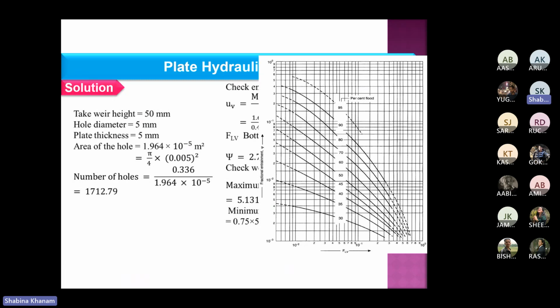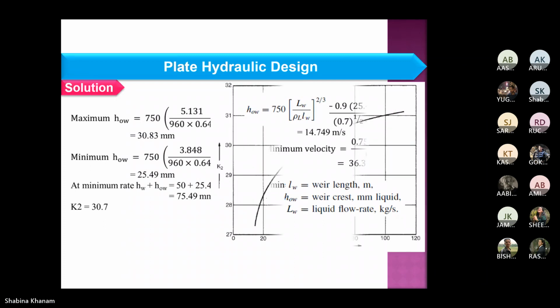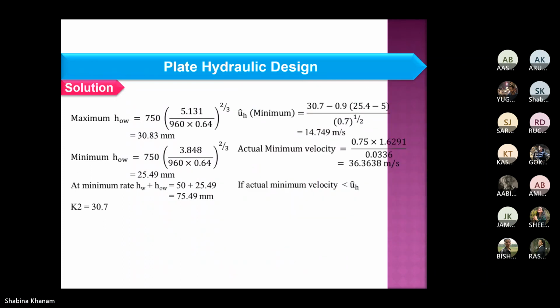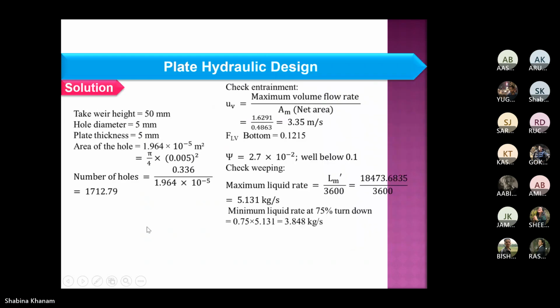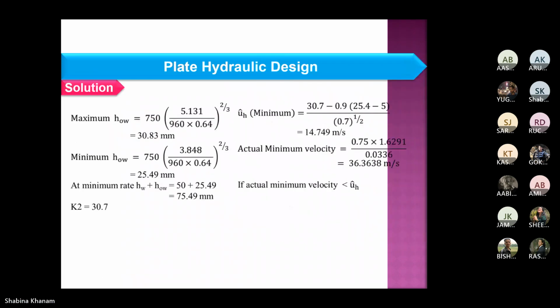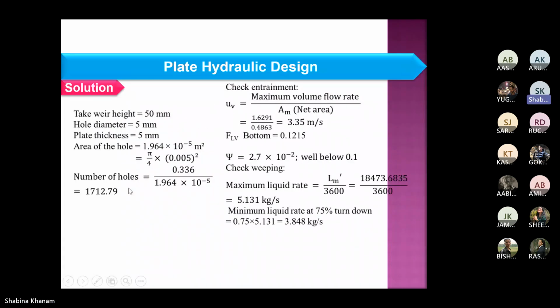We have not changed the diameter value once we have calculated that. Okay, so we can have this psi value, which is well below 0.1. So that entrainment condition is satisfied.